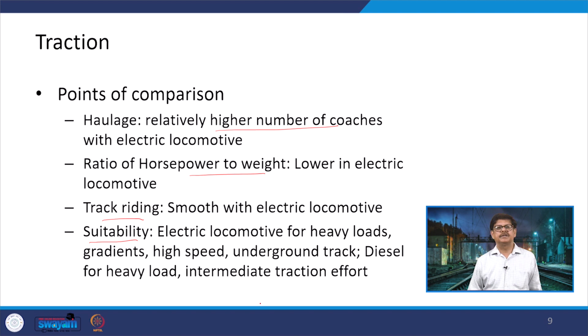But when you talk about the diesel locomotives, yes, these can also be used for the heavy load conditions, but for intermediate traction efforts. One thing we can add here for the diesel locomotives is that they can be used in varied weather conditions as we discussed previously. So, that is another side where some positive things come for the diesel locomotive also.